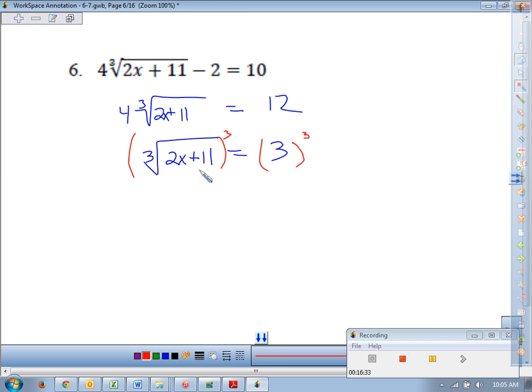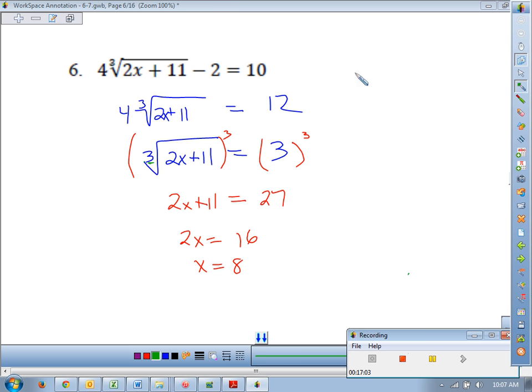This is the only thing in this cube root, so isn't it 2x plus 11 equals 3 cubed, which of course is 27? Yep, solve for x. So I got x equals 8.